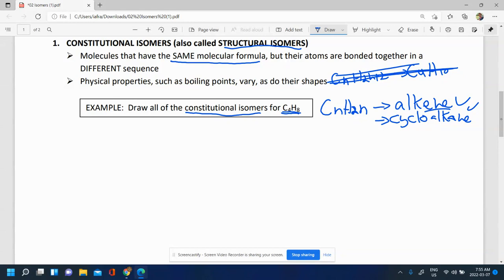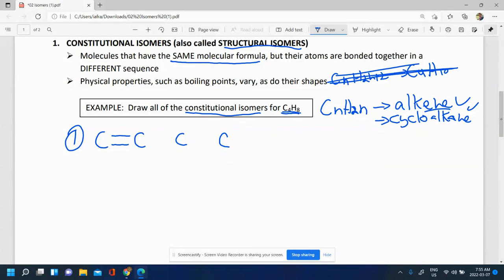A good first strategy is to just make the longest chain possible from these atoms. So I'll put 4 carbons: 1, 2, 3, 4. I'll put in a double bond, let's say over here, carbon number 1. And then I'll go and I'll just put in my other bonds.